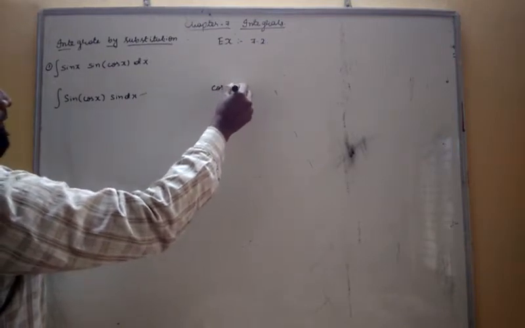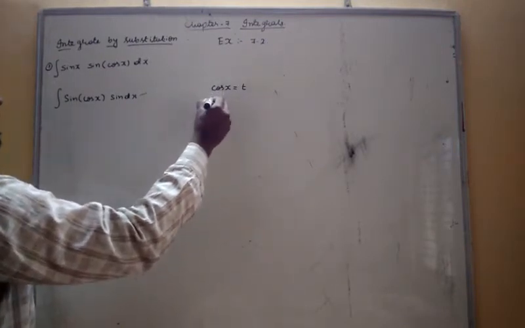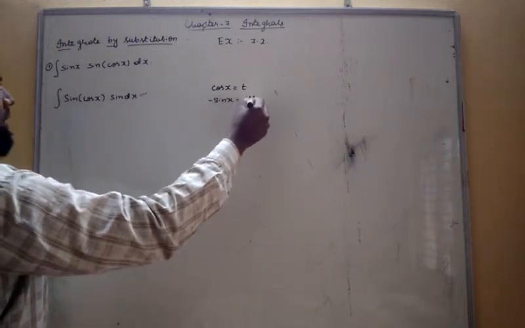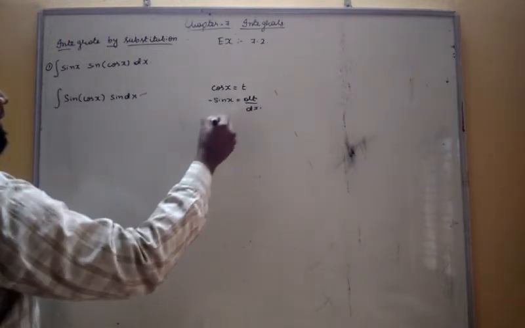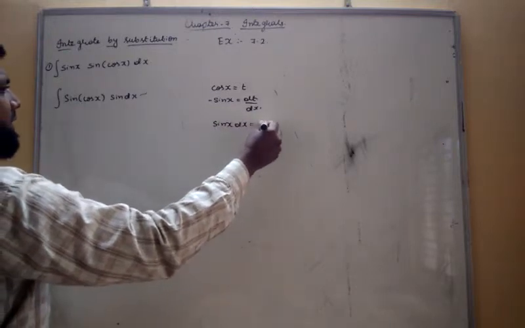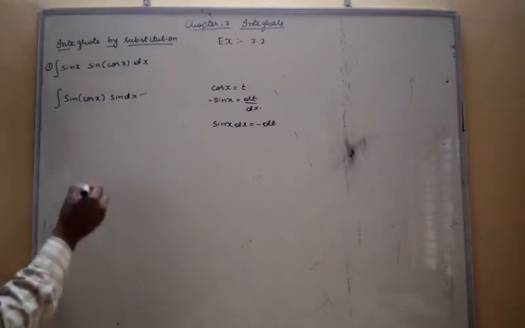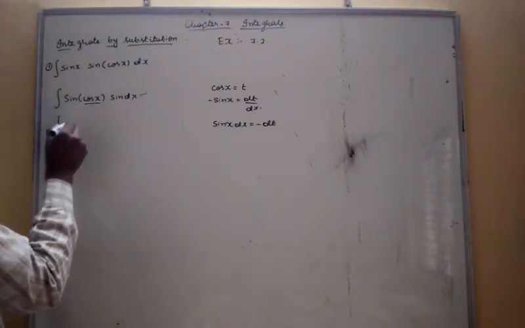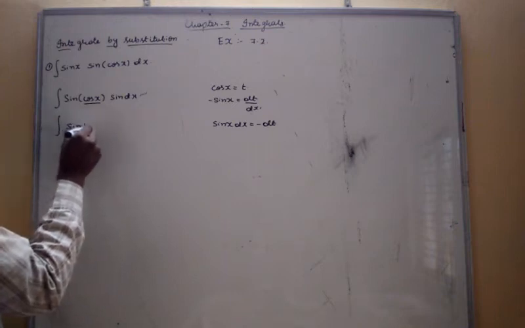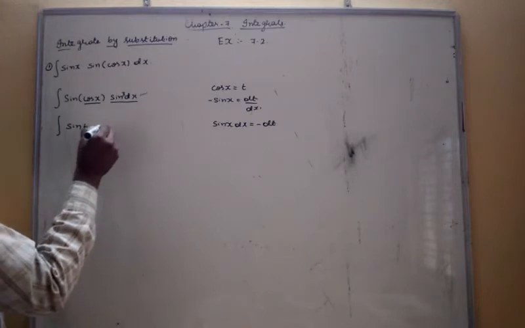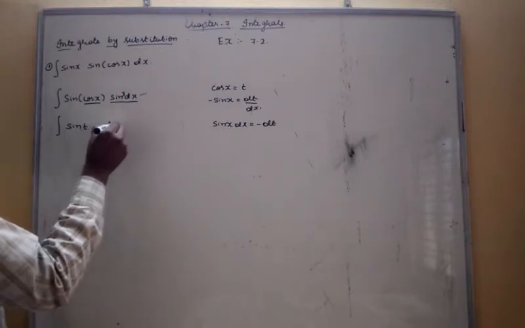Cos x is equal to t. Differentiation of cos x is minus sin x is equal to dt by dx. Then sin x dx is equal to minus dt. Then if you substitute here, in the place of cos x we can write sin t, and in the place of sin x dx we can write minus dt.